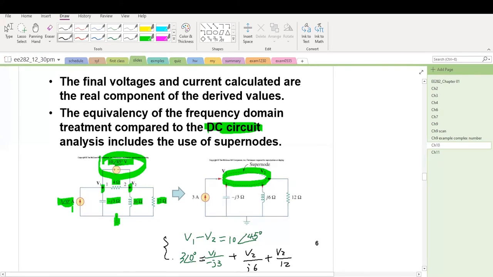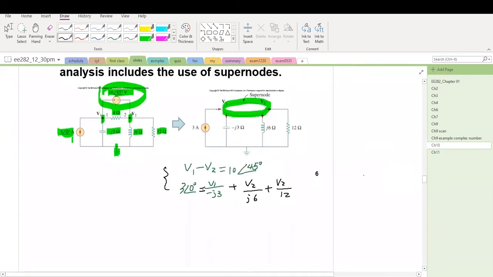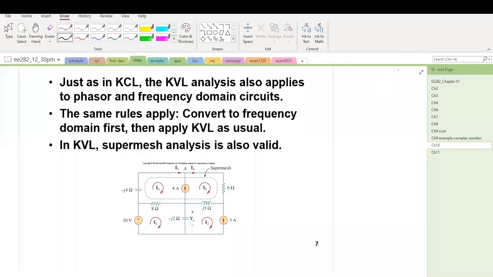So there are 2 equations and 2 unknowns. We can use MATLAB to help us solve V1 and V2. V1 and V2 are complex. They're all complex numbers. So this is a nodal analysis in frequency domain.